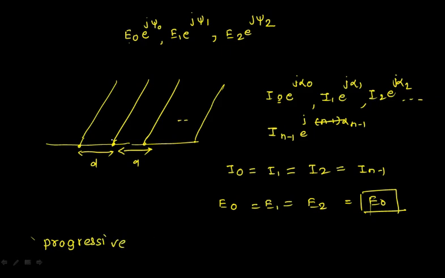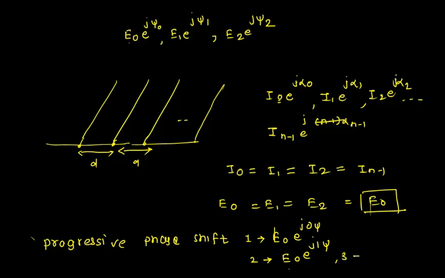So if the phase shift between 1 and 2 is psi, then I get E0 e raised to j0 psi because of the first element. Because of the second element it will be E0 e raised to j1 psi. Because of the third element I'll get E0 e raised to j2 psi. So this is the meaning of progressive phase shift.